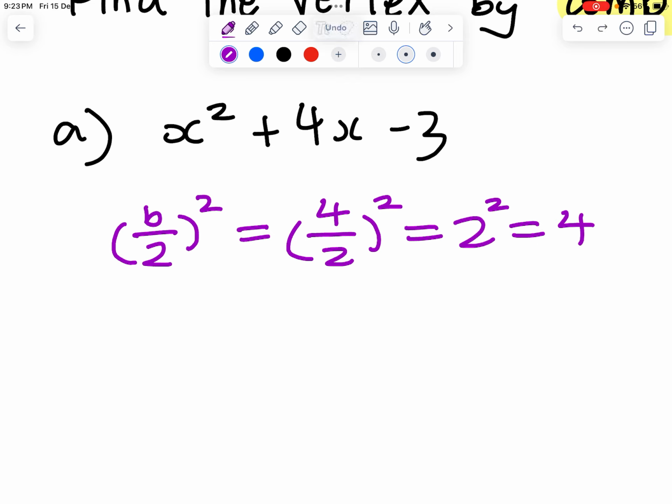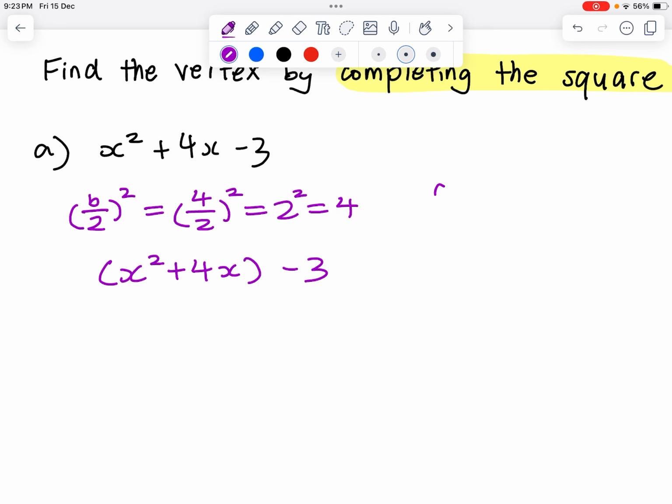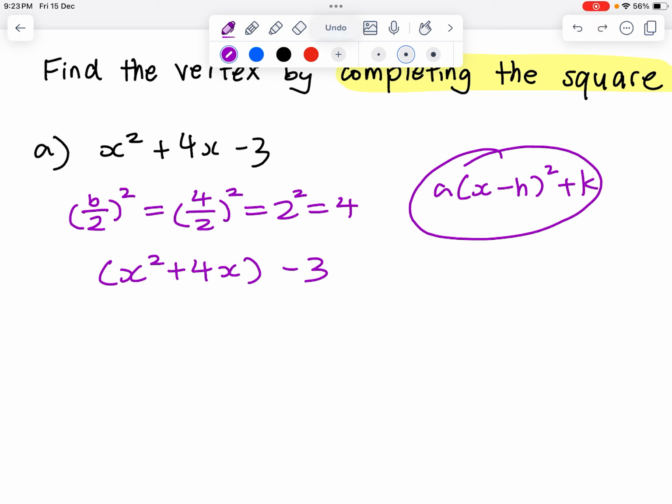First, we want to make this equation look a bit like the vertex form. So how do we do that? We write x squared plus 4x, and then minus 3. We know the equation for the vertex form is a times (x minus h) squared plus k, so at first we're trying to make it look similar.